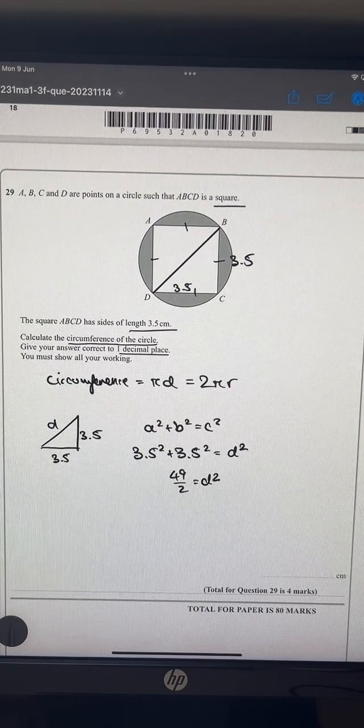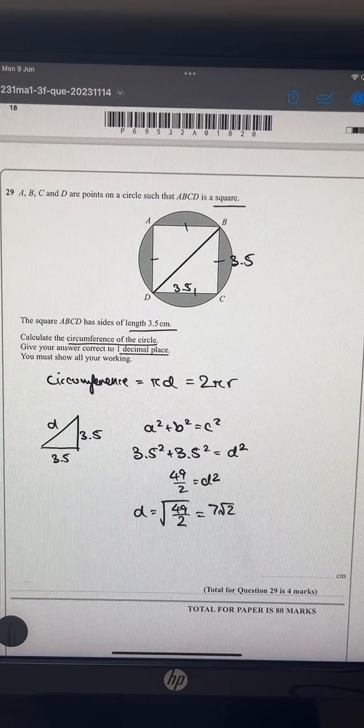How do I figure out what d is? Square root both sides, right? Because if I'm squaring it here, the inverse of that is square root. So d equals square root of 49 over 2, and that gives me 7 root 2 over 2 in my calculator.